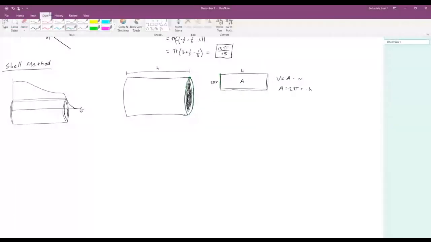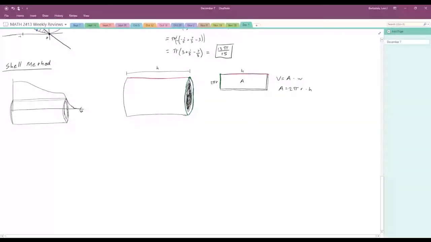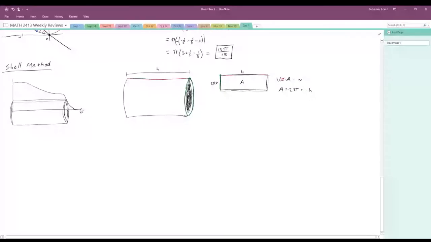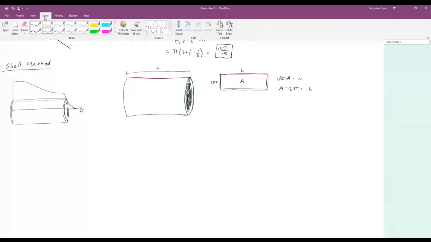And then my height, which goes along the top, would just stay the same. So all I'm doing is unrolling this empty cylinder, and I'm saying that the volume is almost equivalent to that of just a rectangle. It's not quite the same, because when we cut open our cylinder, it's not a perfect rectangle that we glued together, but it's almost the same, especially when we have such a small width.